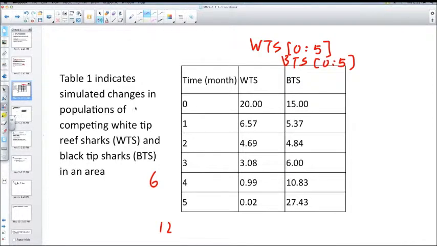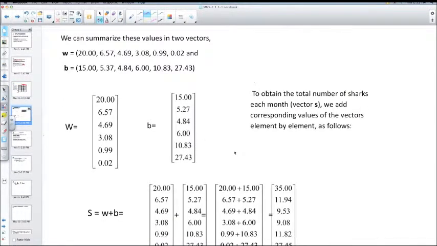Okay, then see what operation we can do with those numbers. The first way we represent it is to put it into an array, a row vector, or alternatively, you can write it as a column vector. So it's the second one.